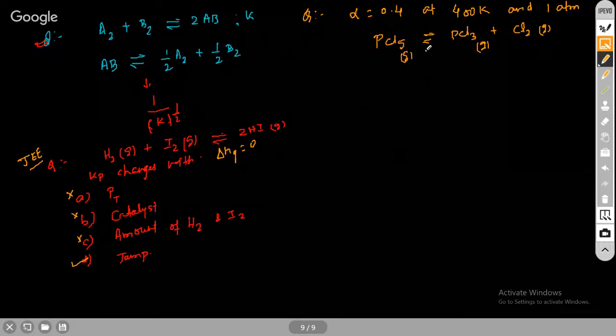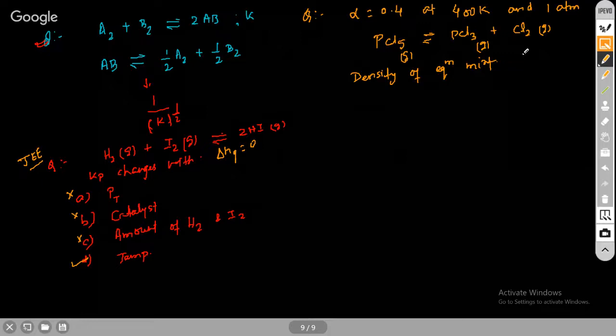All gases behave ideally. Calculate the density of equilibrium mixture at the same temperature and pressure.